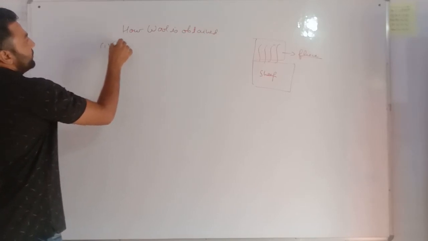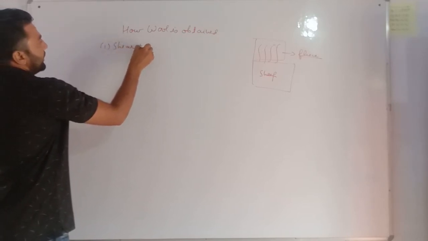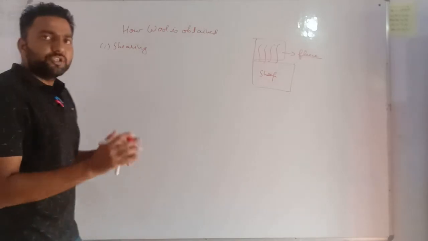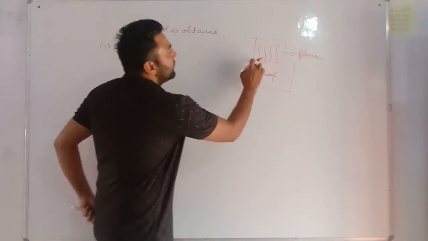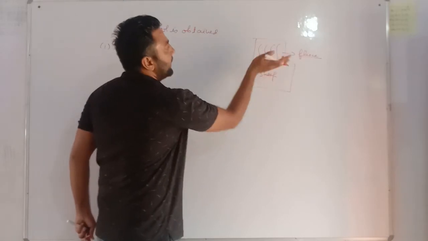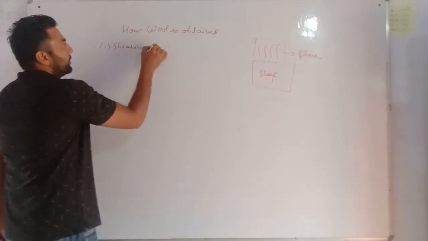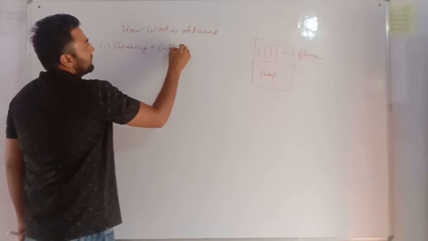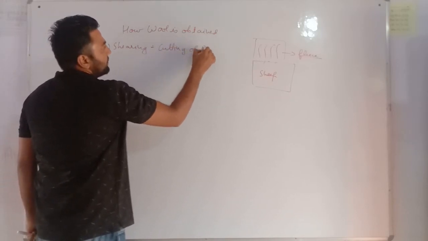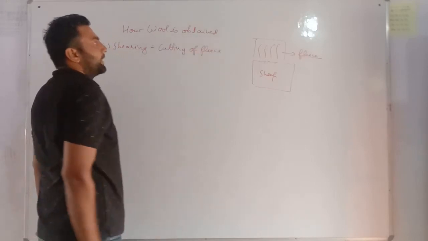So first you need to do shearing. Shearing means to cut off the fleece, to cut it off and take it. What is shearing? Shearing means cutting off fleece.